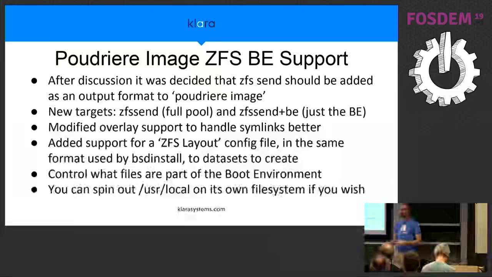Instead of you being stuck with how I like to do it, you provide a text file with a list of the datasets you want and the properties you want, and it will lay out the pool that it creates that way. So you can tweak it to have the datasets you want and pick and choose which files end up as part of the boot environment that you create. And it uses the same format as bsdinstall. So if you've already written a customized script for scripted installs, you can just copy and paste that.